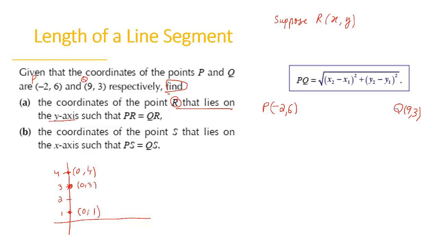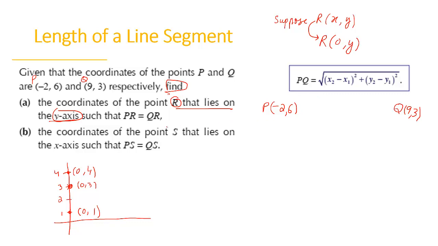You have observed the pattern that for a point on the y-axis, its x coordinate is 0. The first coordinate is 0. Let's use this idea. As R lies on the y-axis, the first coordinate of R will be 0. So R will be 0 comma y.